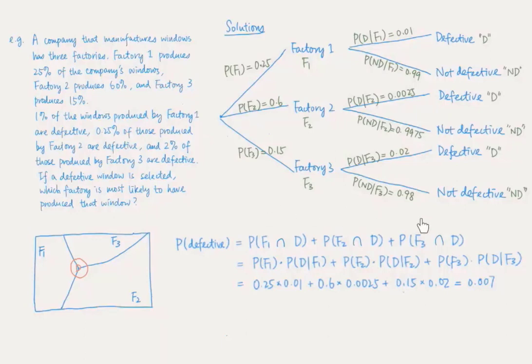Therefore, from the information in the diagram, we can obtain each of these necessary probabilities. Altogether, this gives the probability 0.007. In other words, if we pick any window produced by the company, the chance that the window selected is defective is 0.007.